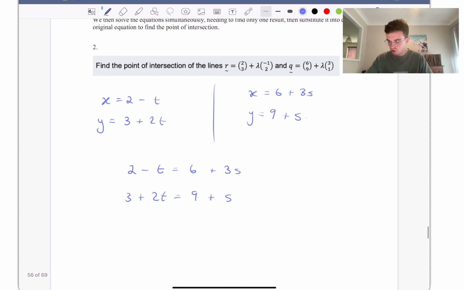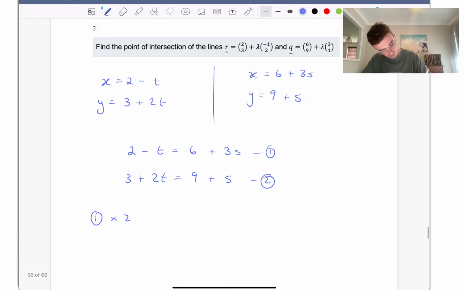So here we've got 2 equations in 2 unknowns. If we do that, we might times the top one by 2, so 4 minus 2t equals 12 plus 6s. Call that equation 3. And then on the bottom, 3 plus 2t is equal to 9 plus s.